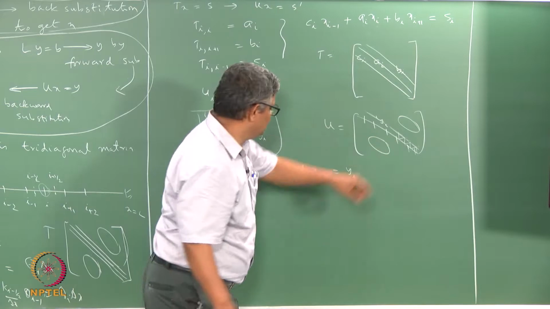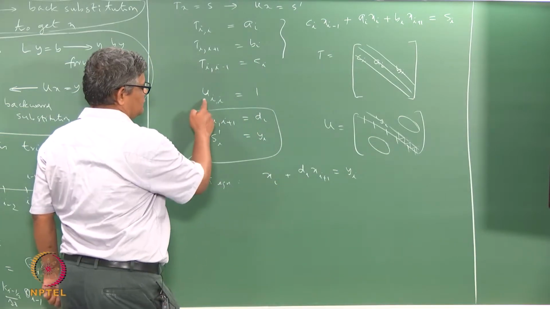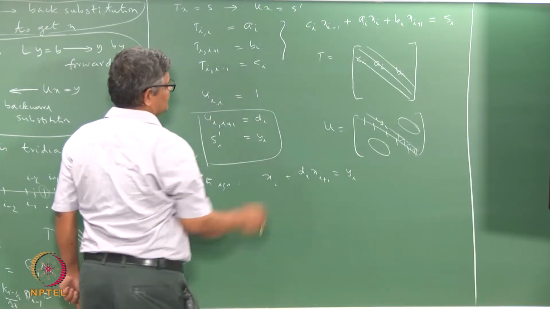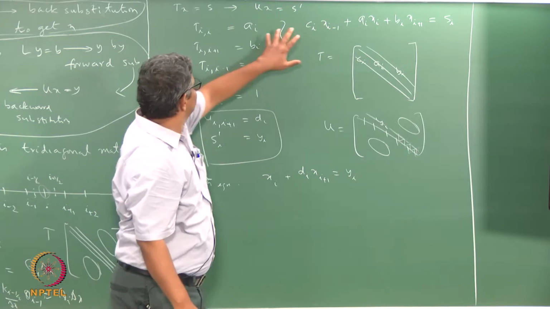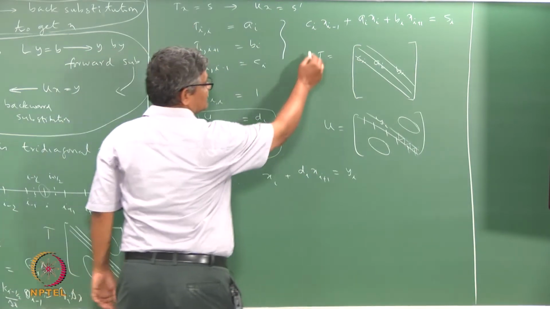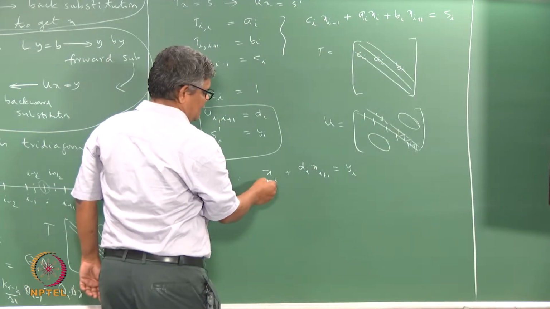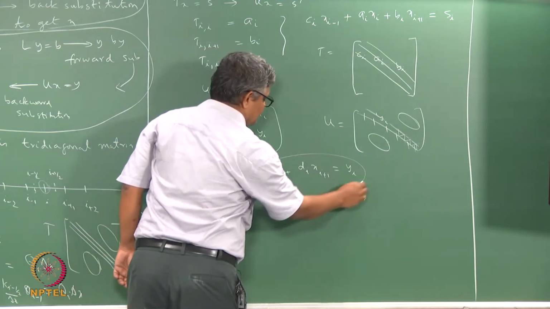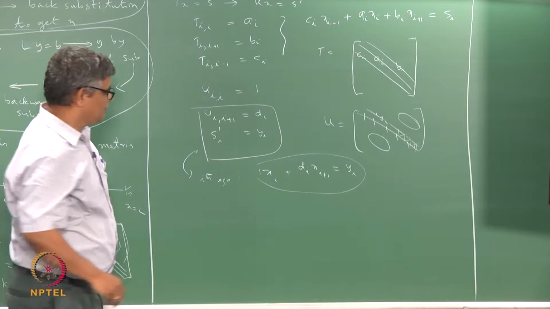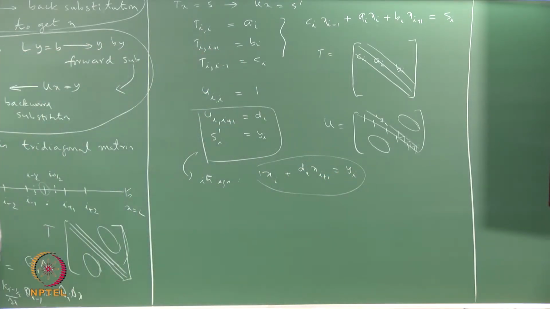So this is the ith equation in Ux equal to y, and this is the ith equation in Tx equal to s. Whereas here you have three coefficients ci, ai, bi, in this equation this coefficient is 1 by choice, and this coefficient di and yi are to be determined yet.